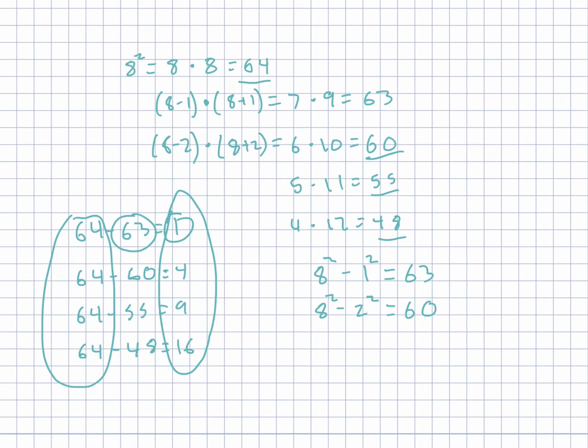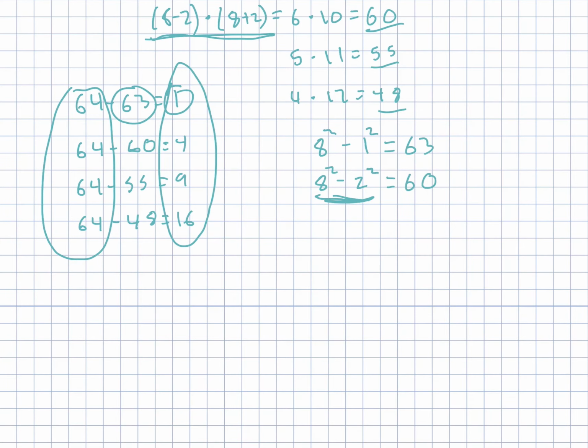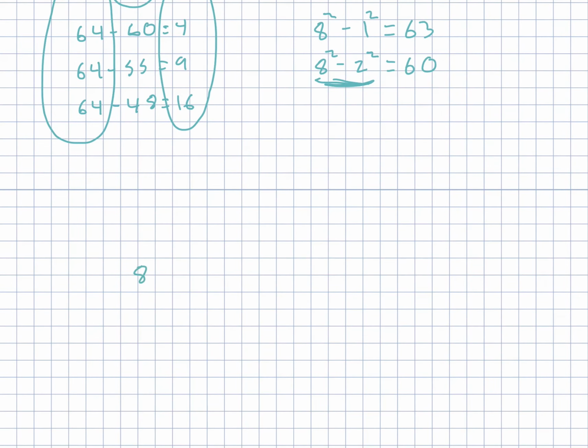So now we can rewrite this to be equal to this. 8 minus 2 times 8 plus 2 is equal to 8 squared minus 2 squared, which is equal to 60. So you notice 2 is the number that we add or subtract to the 8. So we could think of 8 as our center point.